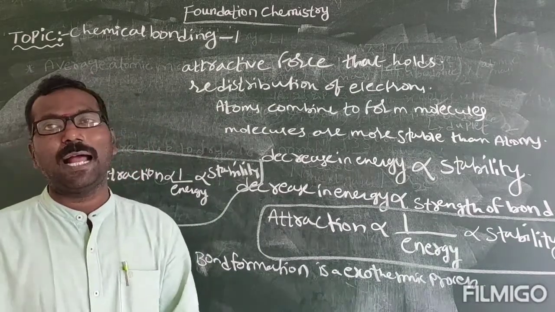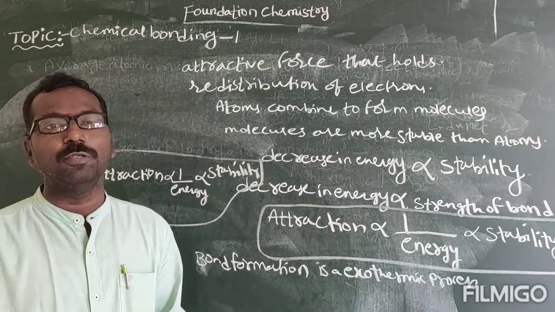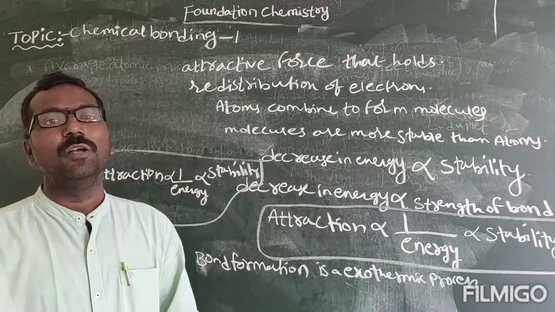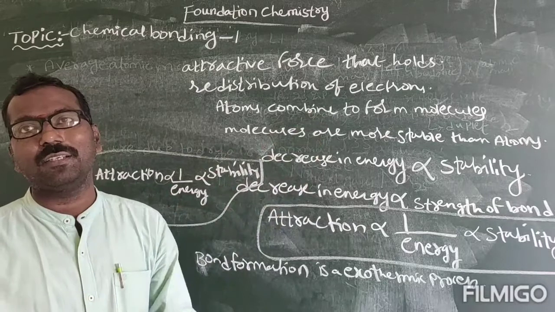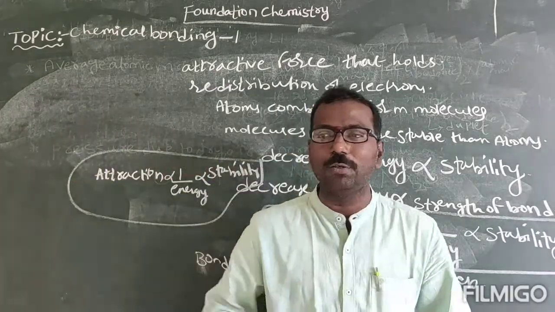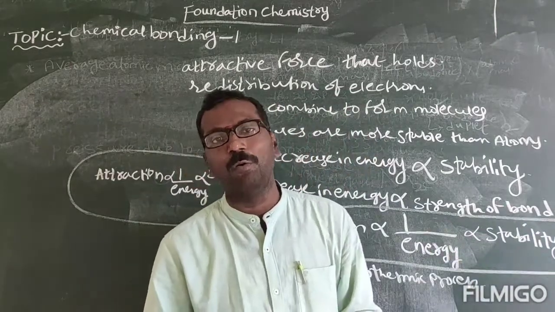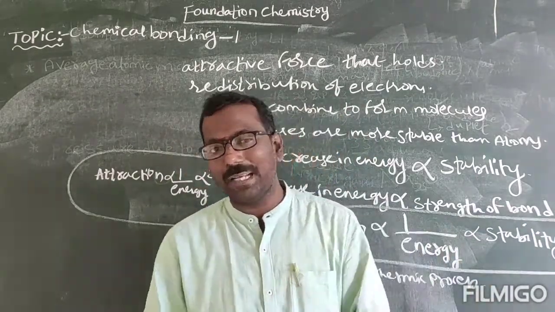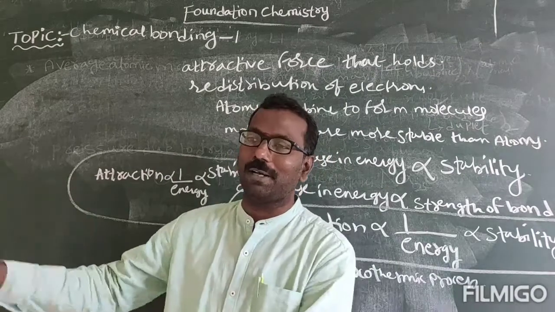Whenever atoms combine to form molecules, they decrease the energy. Once the energy is decreased, they come to stability. Suppose you have energy, what will you do? You will run in the ground. Suppose you don't have the energy, what will happen? You will sit at one place.